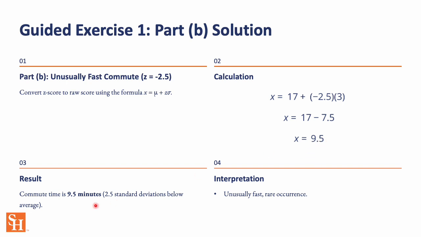That means the commute time is 9.5 minutes, associated with a Z score of negative 2.5, which is an extremely fast commute time, right? Even though it is within the 3 standard deviation limit, she has to be extremely fast to make it within 9.5 minutes.